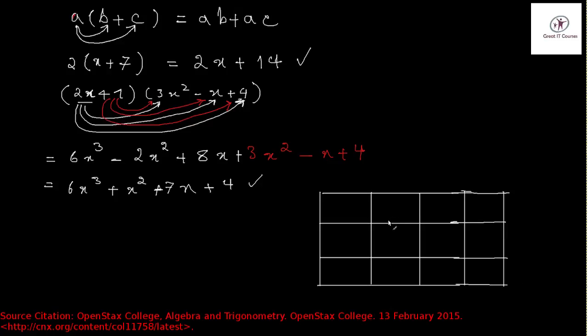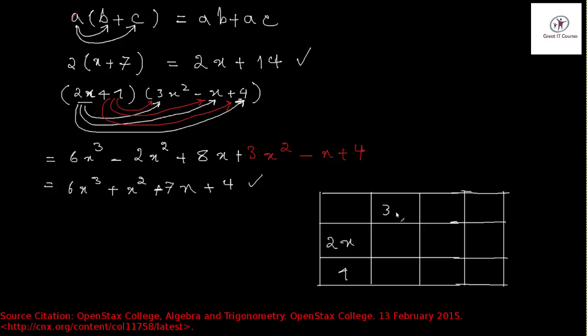You could write all of the terms over here. So you have 2x plus 1, so here you write 2x, and this is 1, and these are the terms for the second polynomial.